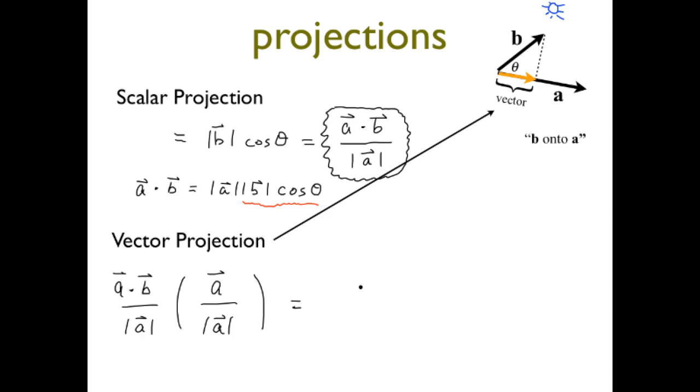So our whole scalar that we're multiplying A by is going to be the dot product over the magnitude of A squared, and then times A. So this gets us the right scaling factor to scale A to the vector projection of B onto A.